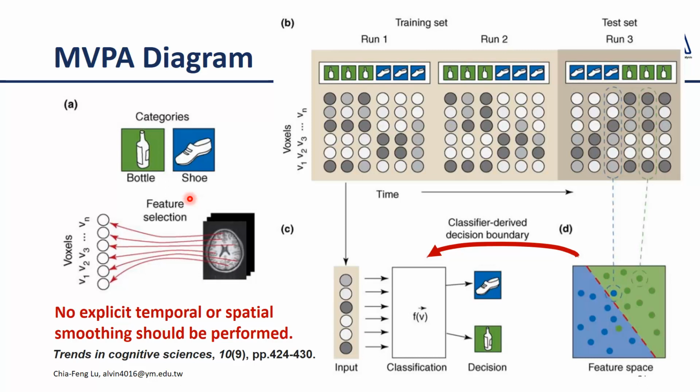We now care more about whether one specific condition or one specific stimulus can induce a specific pattern in your brain. Now, this is what we are talking about. So this is the general diagram. I hope this diagram gives you a general idea about what MVPA is going to do.